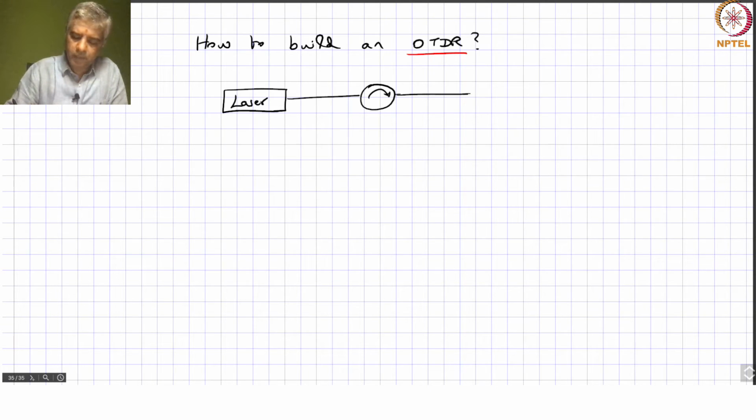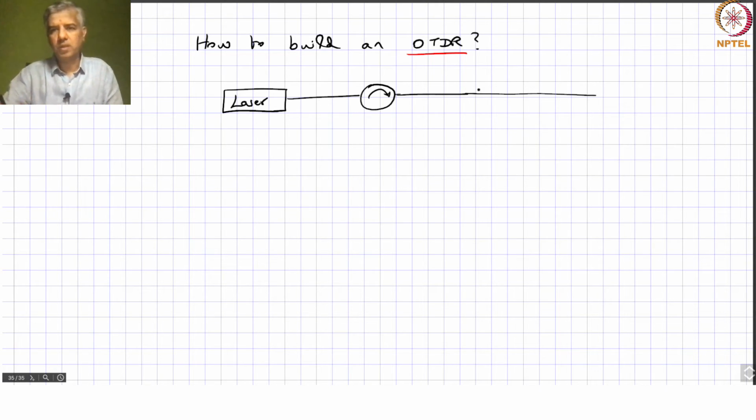Then as it propagates down the fiber, it's going to keep backscattering because of a particular process called Rayleigh backscattering. That's one of the dominant scattering mechanisms, and one of the dominant loss mechanisms, in the fiber itself.